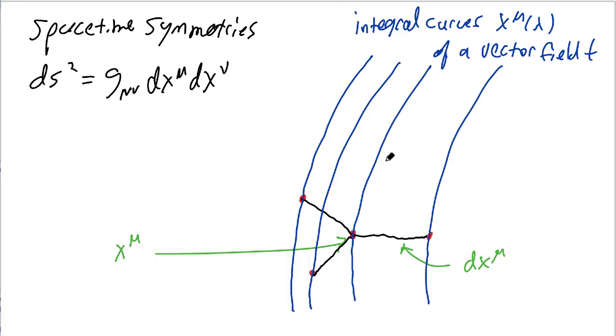So for example, this central point will move up to here. So this is the point with coordinates x mu plus delta lambda t mu.